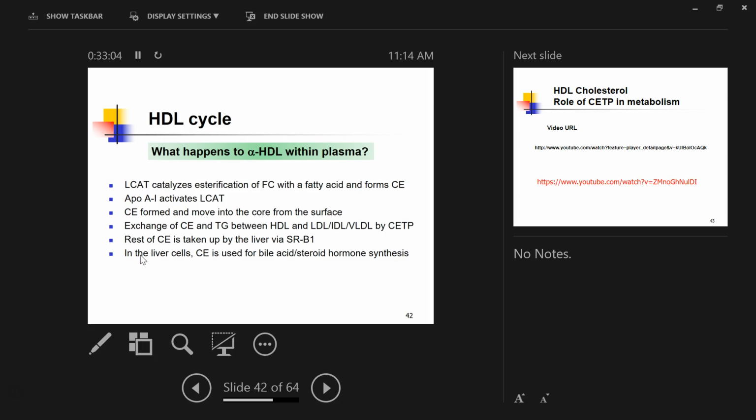And eventually in the liver, the cholesterol esters are released from alpha HDL and disposed of in the form of bile acid, and cholesterol can also be used for steroid hormone synthesis. And triglyceride in the alpha HDL can also be hydrolyzed in the liver by hepatic lipase, right?